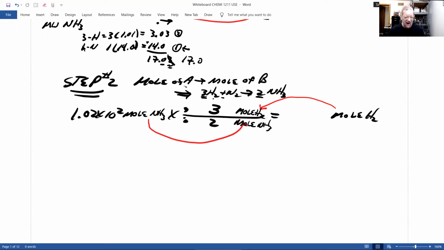And now I can go ahead and check. Notice moles of ammonia divided by moles of ammonia cancel out. And I'm left with this, moles of hydrogen. And now I can go to my, in this case, spreadsheet.